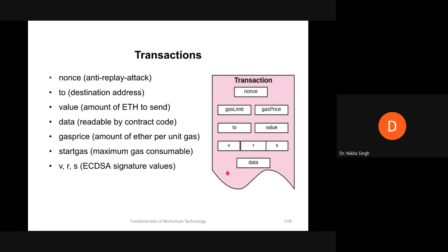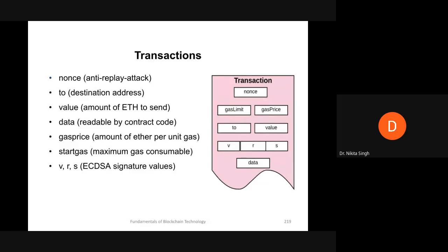The reason this data field is important is that if you have a smart contract doing some kind of domain registration, like your .com registration or .in registration, you will get an incoming transaction, and in that the input fields will be the domain and the IP address.